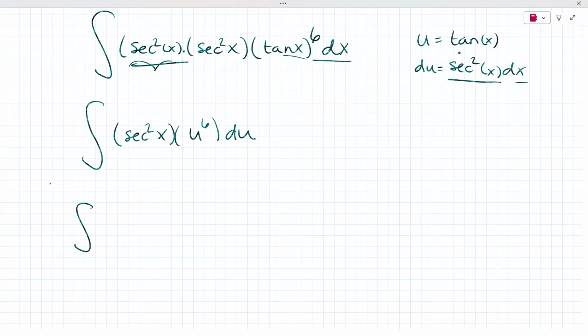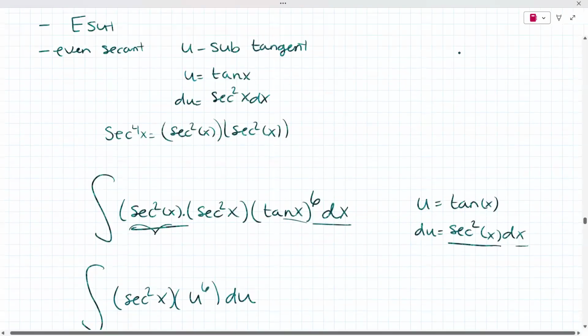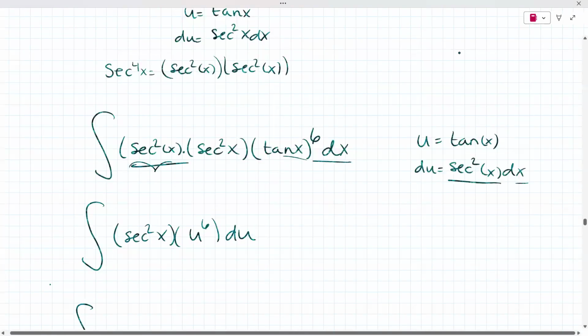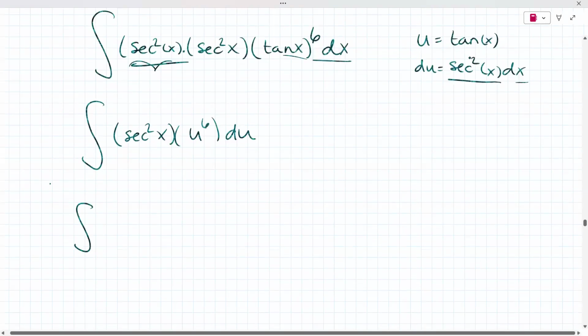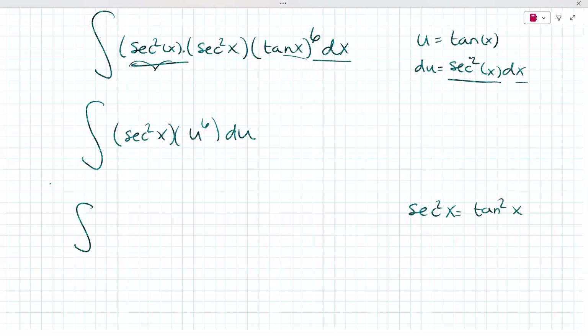And what else do we know? We also know that secant square of x is the same thing as tan square of x plus 1. So you're going to replace this with tan square of x plus 1 times u to the 6 du.